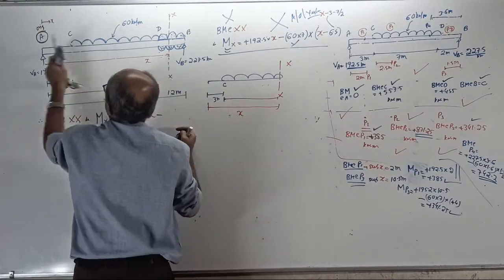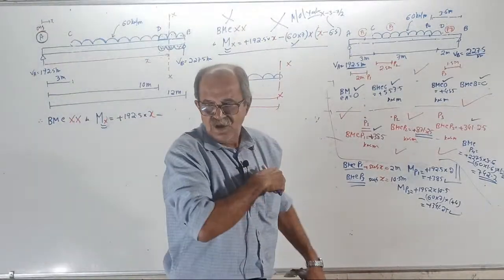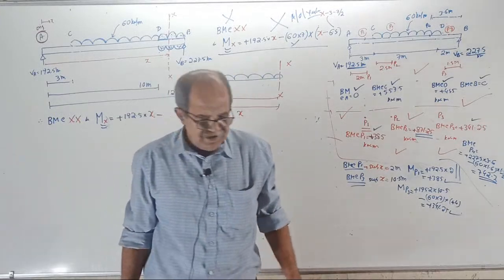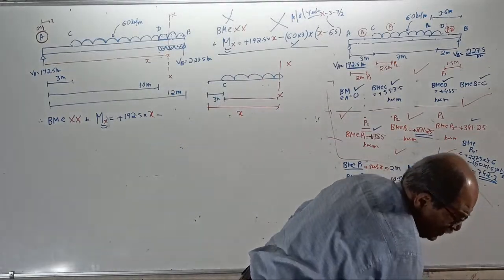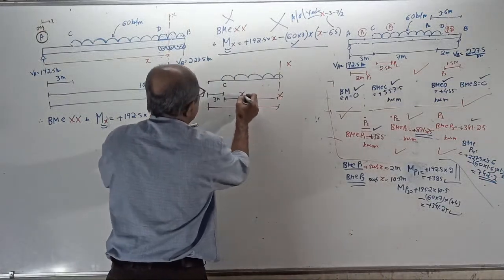If this is x and this is 3, what is the loaded length? Don't see the upward UDL. It is x minus 3.